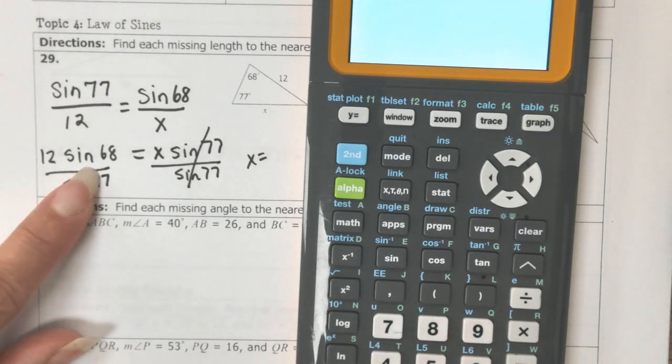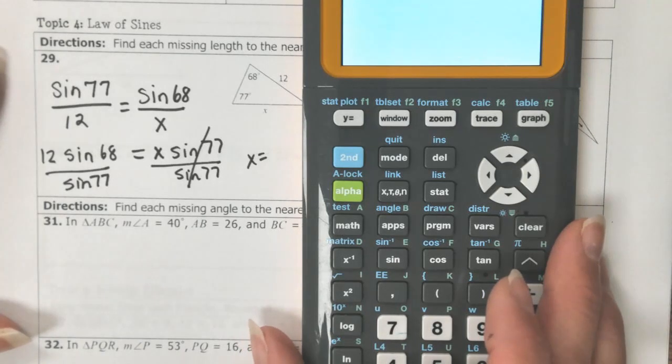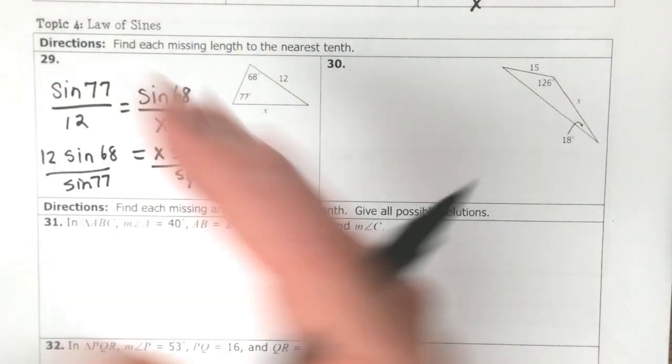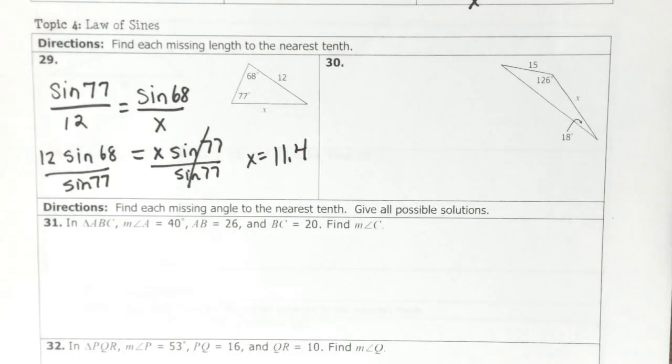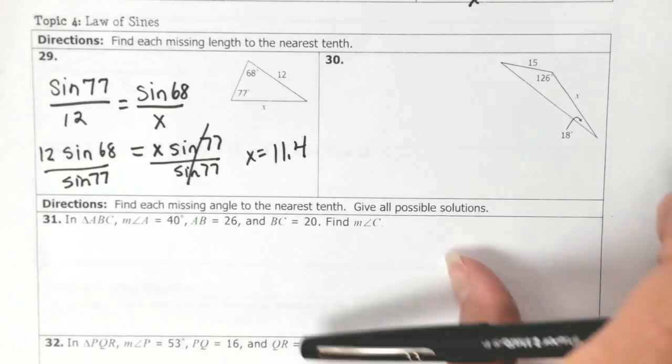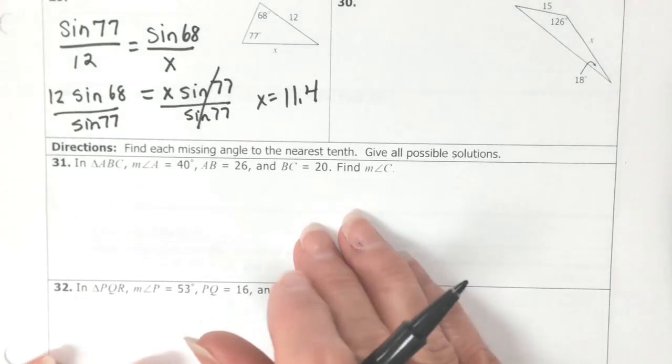That's all on top, so I'll enter, and then divide by sine 77. When I do that, I end up with a 11.4 for the answer. So 11.4 is our answer to number 29. Okay. To just kind of keep going, let's look at 31.